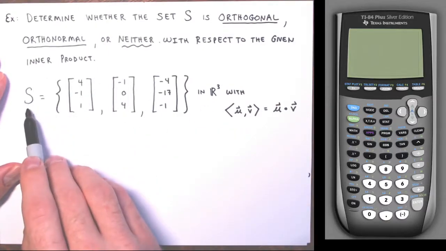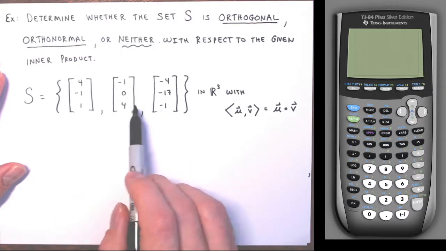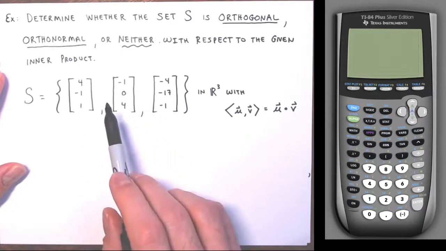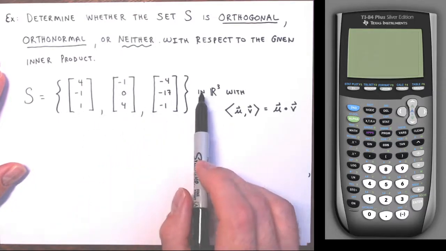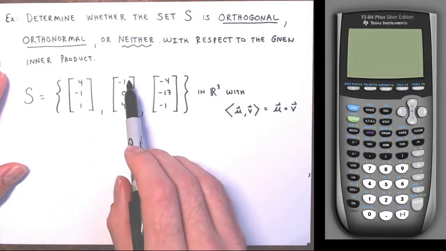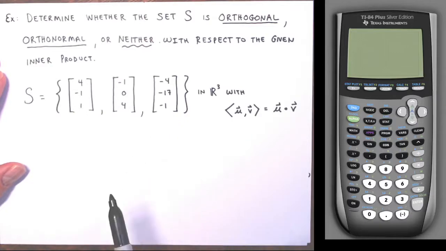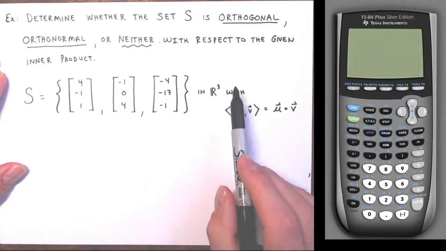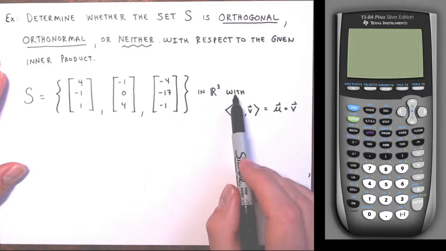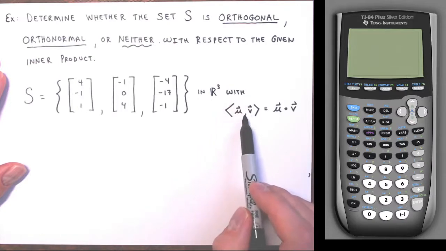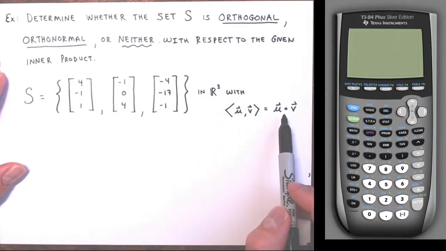So here I have a set S of a few vectors from R3. Each one of these has 3 components: 4, negative 1, 1; negative 1, 0, 4; negative 4, negative 17, negative 1. And these are vectors in R3, let's say with the inner product being the dot product, the standard or Euclidean inner product.